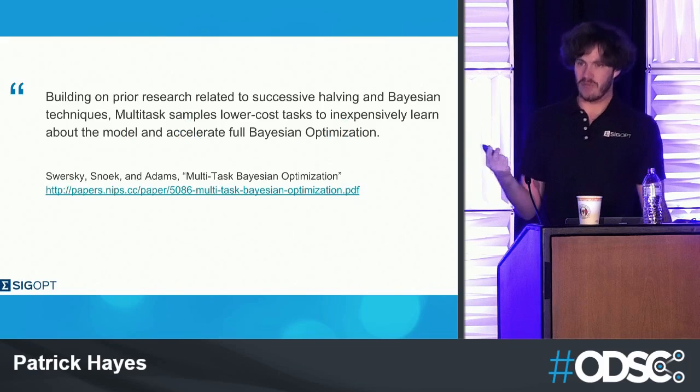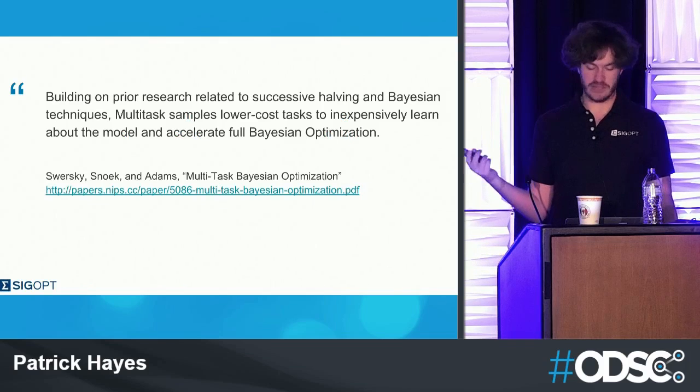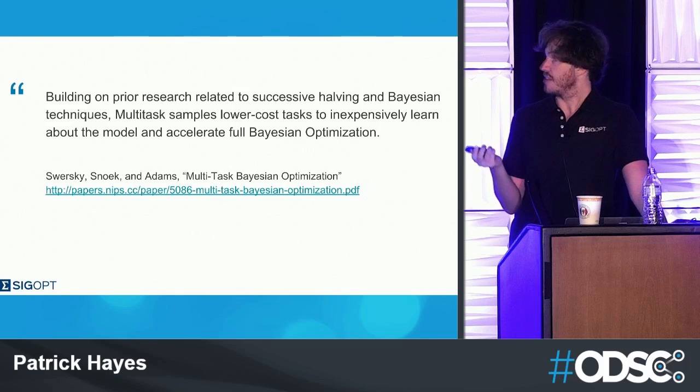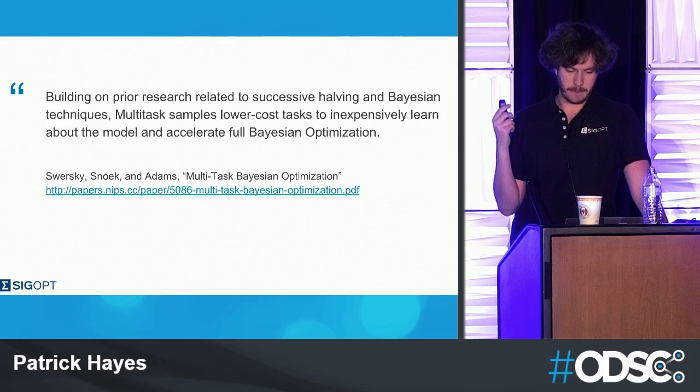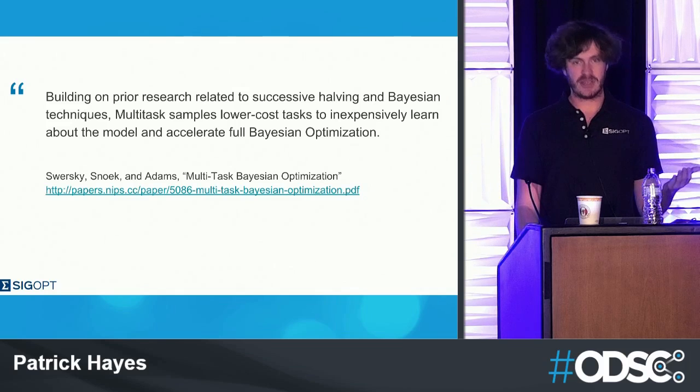The idea relies on relatively recent but also relatively compelling research. There's a paper from Swersky, Snoek, and Adams from 2013 that introduces the concept. It tested with results that point to success. Conceptually, multitask optimization blends two techniques that some of you may be familiar with.